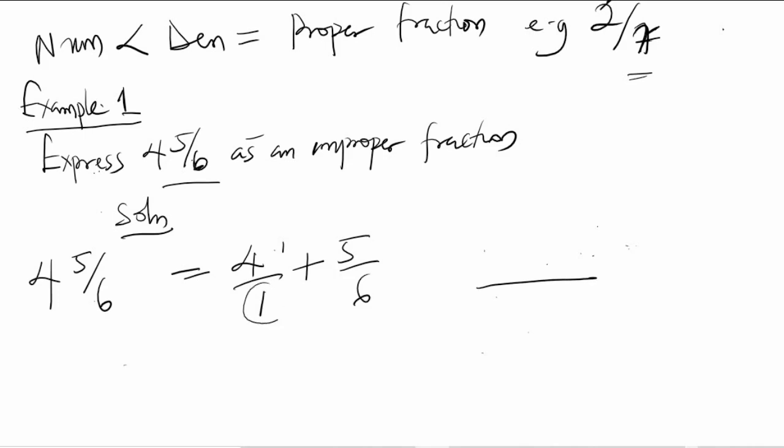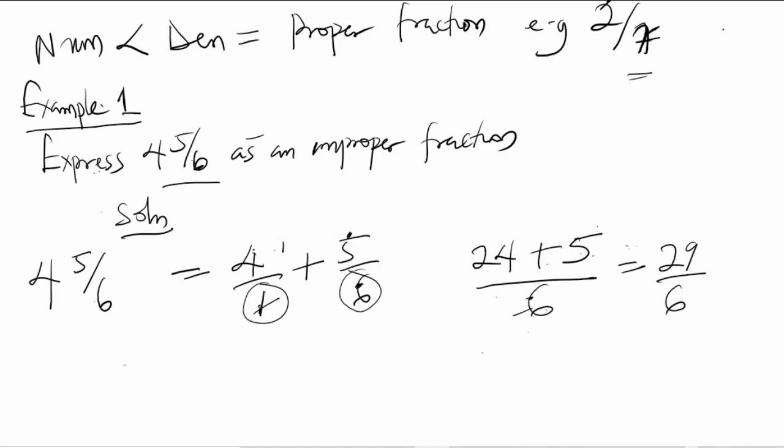Find the LCM of 1 and 6. It is 6. 6 divided by 1 is 6 times 4 is 24, plus 6 divided by 6 is 1 times 5 is 5. So this becomes 24 plus 5, 29 over 6.